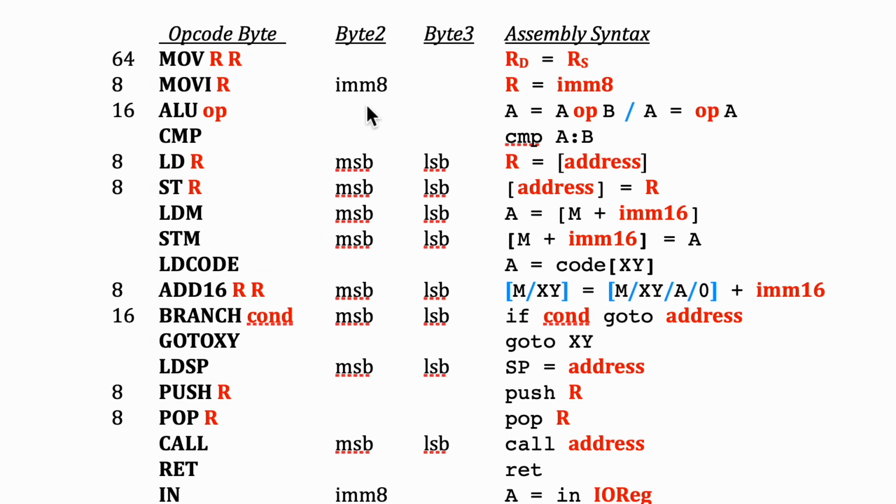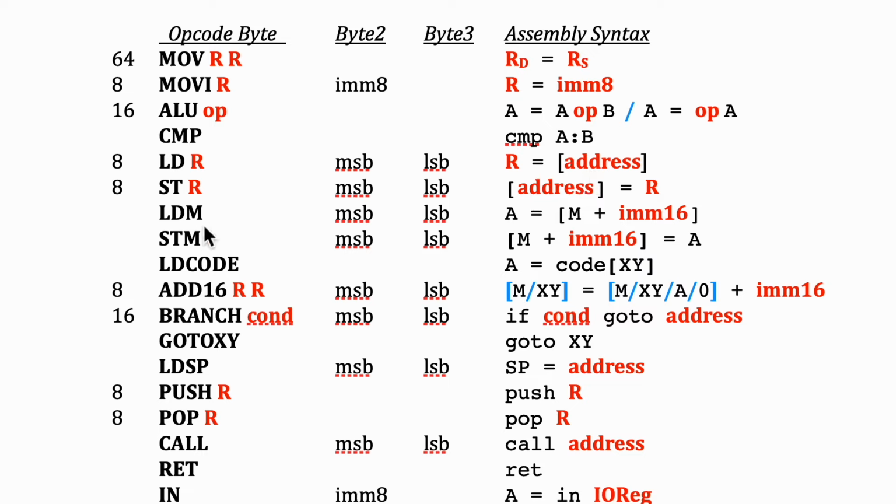Going back to our original chart, we can see that we've covered all of the instructions. We have a register-to-register move. We have an ability to move an immediate into a register. We discussed the 16 ALU instructions, the compare instruction. We talked about the load and store instructions, which take an absolute value as an address.